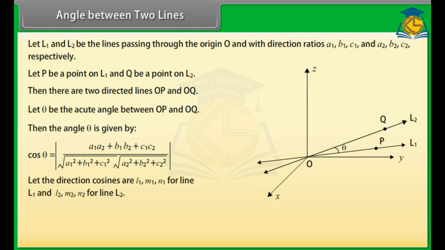Let the direction cosines be l1, m1, n1 for the line L1 and l2, m2, n2 for the line L2. Then the angle theta is given by cos theta equals modulus of (l1 l2 plus m1 m2 plus n1 n2).